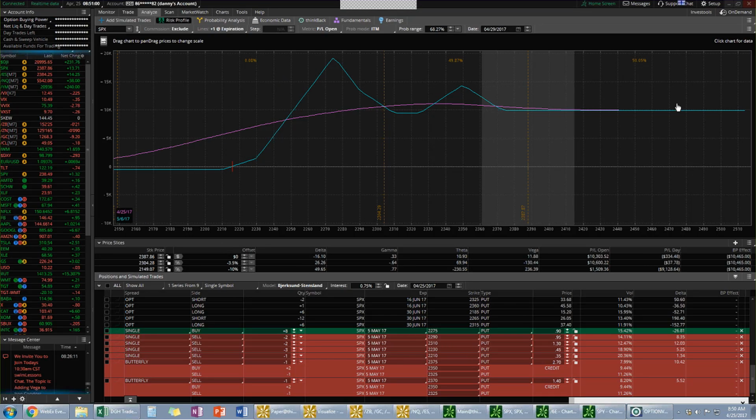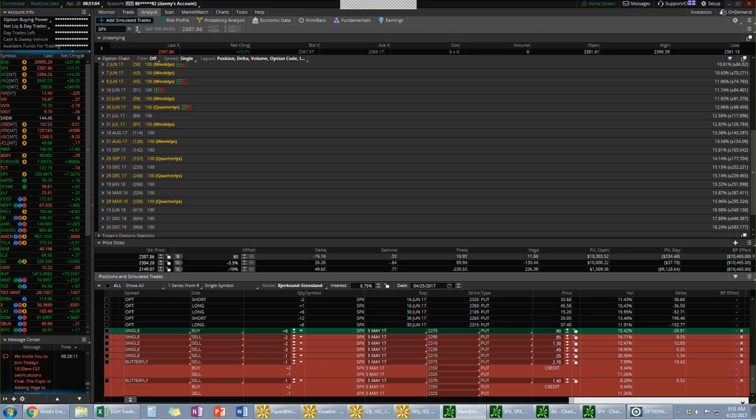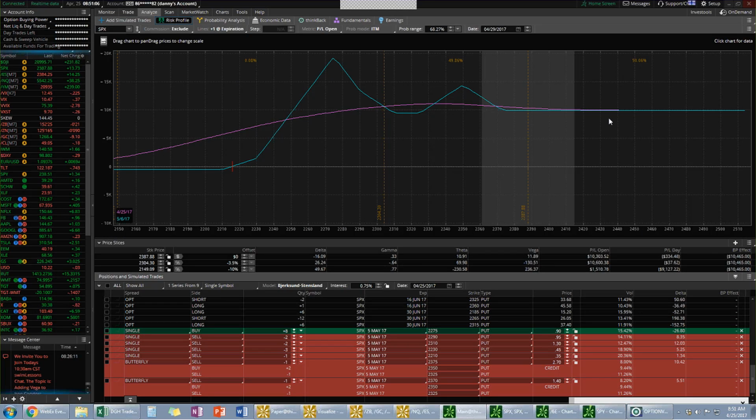Let's see here. We have a nice profit on the 5 May. This is Think or Swim, so obviously disregard these numbers here. This is just the general configuration. But we were up yesterday about 2,000.